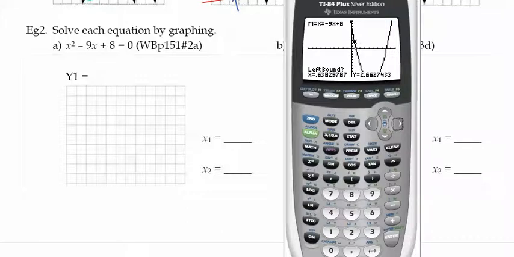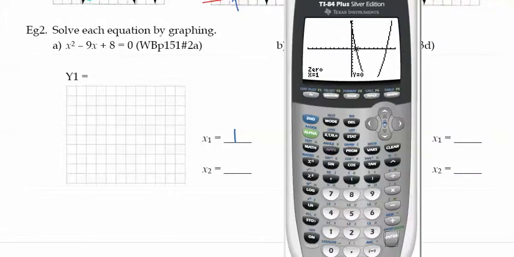I'm going to use this method to find each of the x-intercepts one by one. Your calculator doesn't give us both zeros at the same time, so we need to repeat the process once we are done with this point. So here, pick a point on the left hand side, pick a point on the right hand side, and we can find the zero in the middle. That gives us x equals 1.